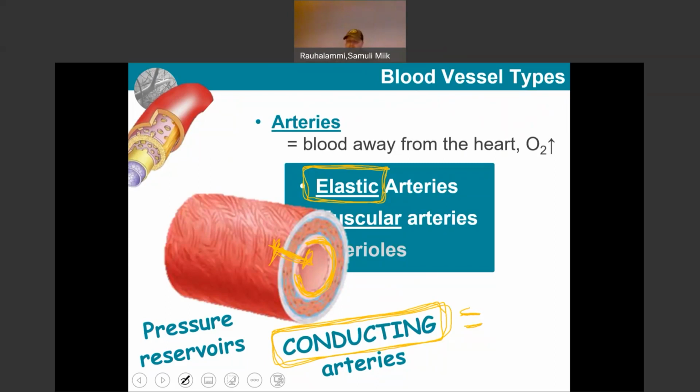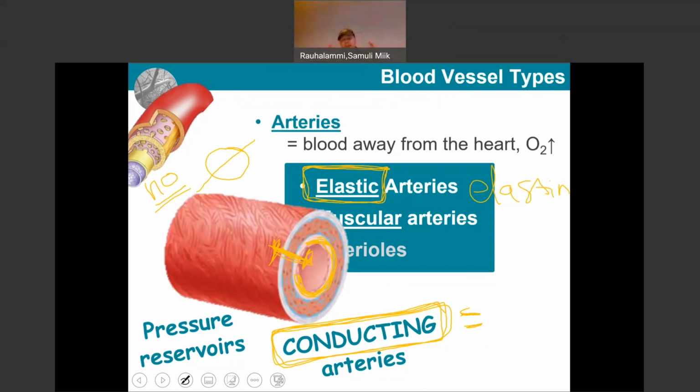What else could I say about them? Well, there's a lot of elastin in the elastic arteries, so that's probably not a huge surprise when you think of the composition of these arteries. One thing that's interesting, there is no vasoconstriction available at all on these elastic arteries.